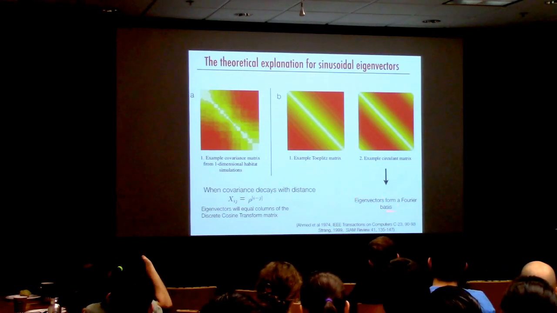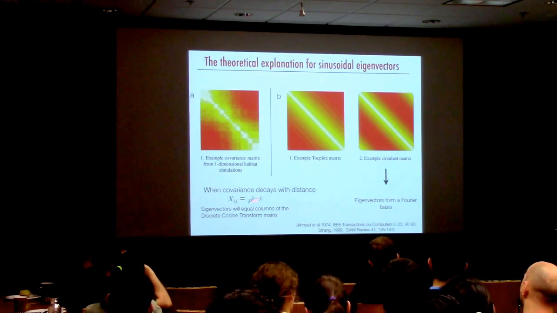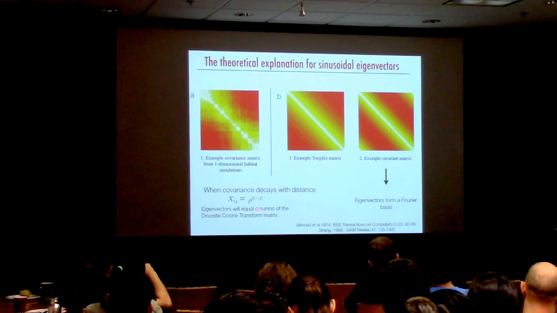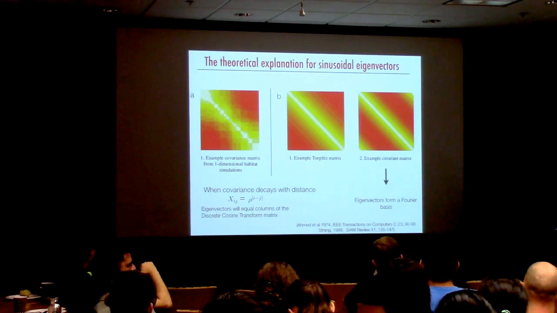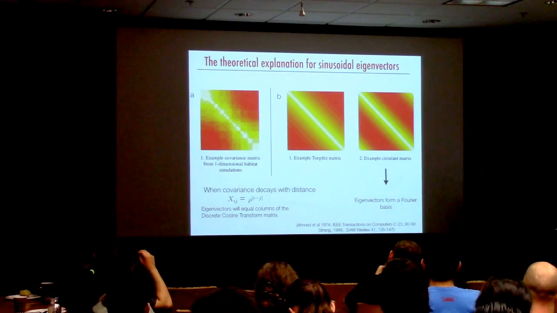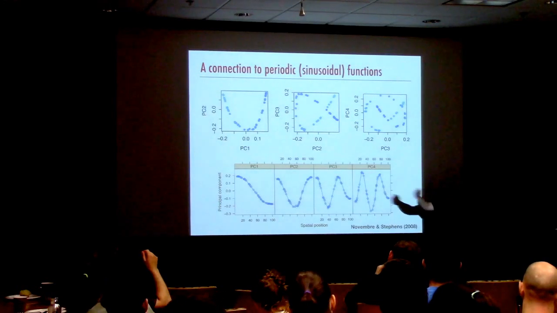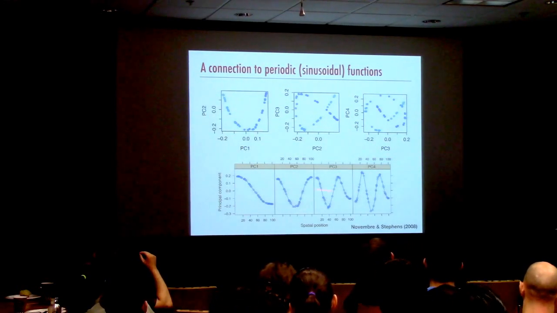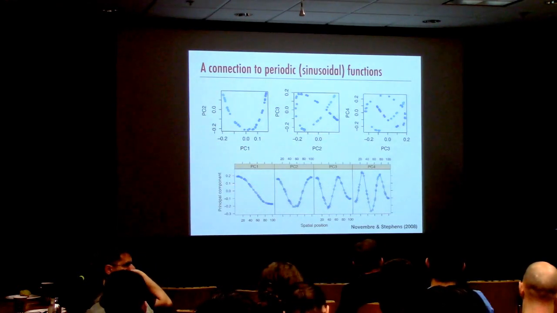Circulant matrices have eigenvectors that form a Fourier basis. In Toeplitz matrices with this structure, the eigenvectors are the columns of the discrete cosine transform matrix. So because PCA's eigenvectors are those of these structured matrices, they have a particular structure and this sinusoidal pattern. It's actually sensible in that the first PCs are like long-wave sinusoids, and as you go lower and lower, they're finer and finer scale. It's kind of like Fourier approximations, where you capture the big-scale structure and then finer and finer scale structure.